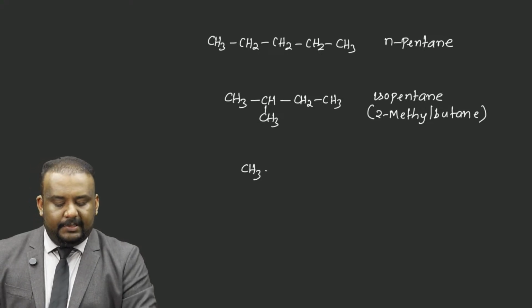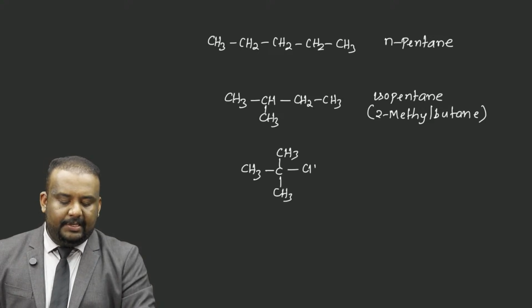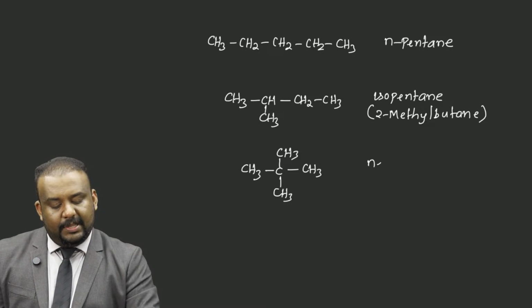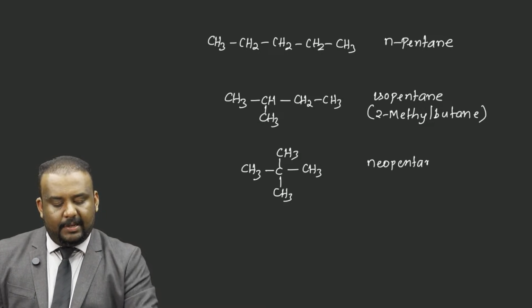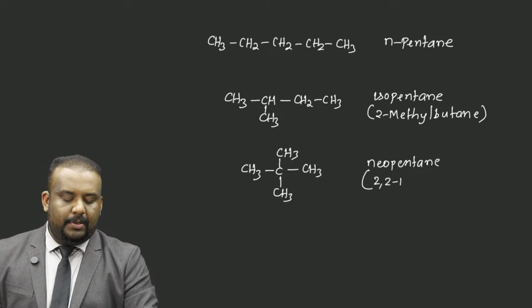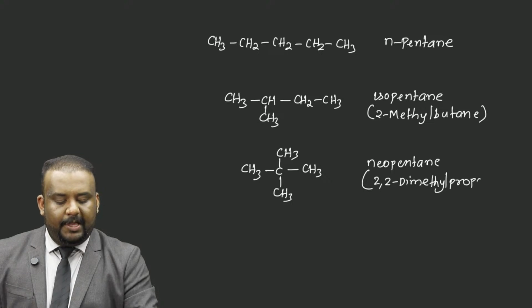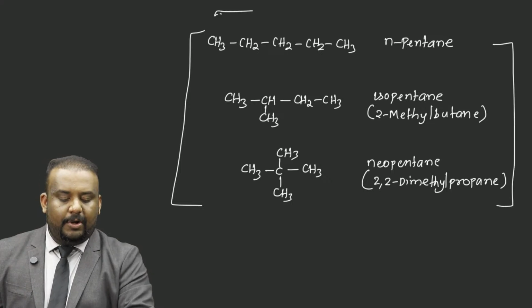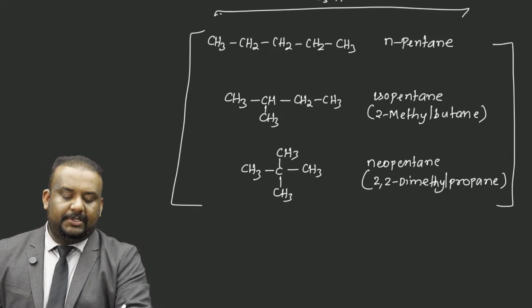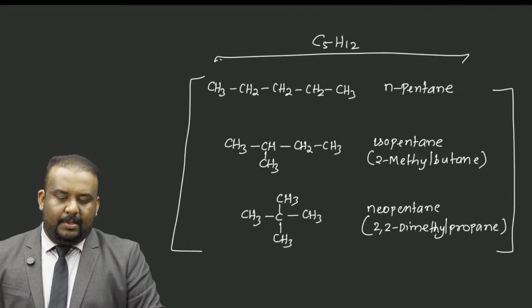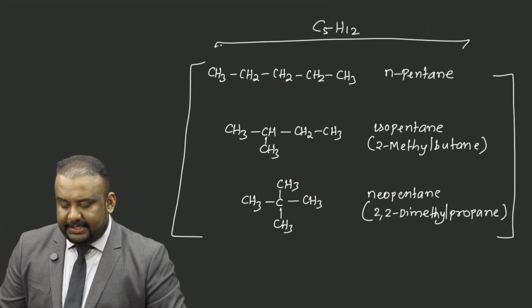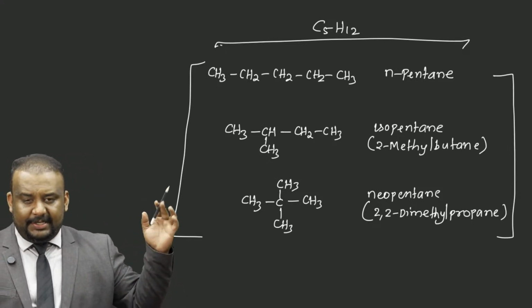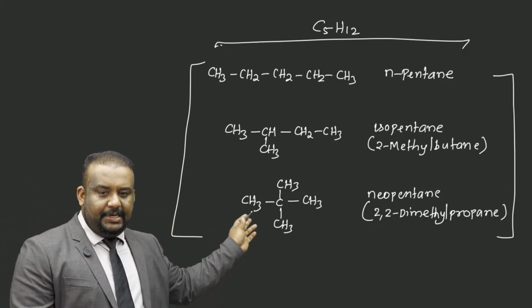Then we have CH3C(CH3)2CH3, which is called neopentane or 2,2-dimethyl propane. These are the three isomers of pentane. If they ask you to draw the isomers of C5H12, these are the three structures. So I hope the neopentane structure is clear. Okay?